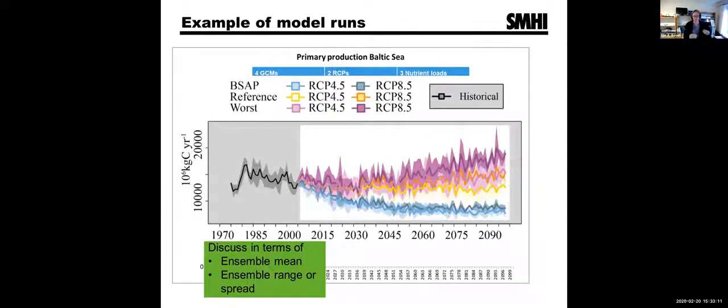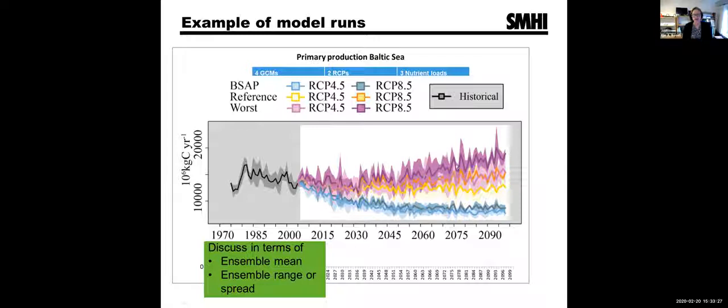This is how the coming figures will look: the lines are the ensemble mean, and the colored area around the lines is the standard deviation.